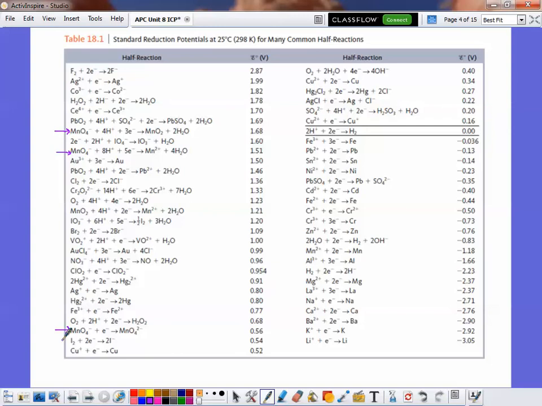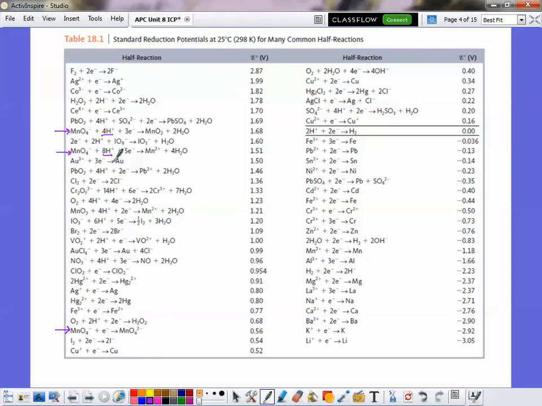Which 2 are in acidic solutions? The first 2, because they have H plus in the reduction equation. That third one doesn't specify if it's in acidic or basic, so because this problem specifically said MnO4 in acidic, we can only look at the first or the second.